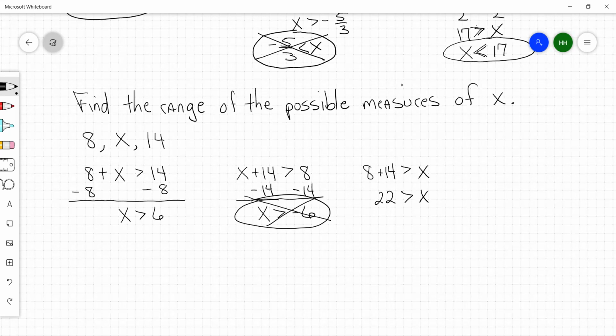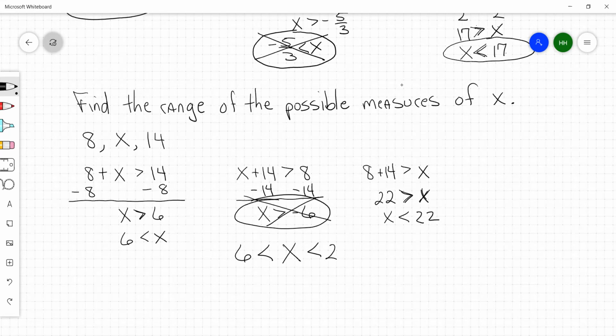Okay? So now, when we're writing the range of possible measures, our x goes in the middle. This x is greater than 6 is the same as 6 is less than x, right? So the bottom of our range of values is 6. This 22 is greater than x is the same as x is less than 22.